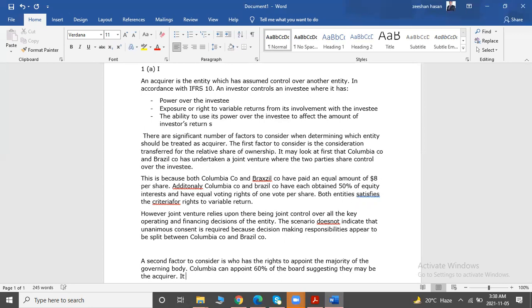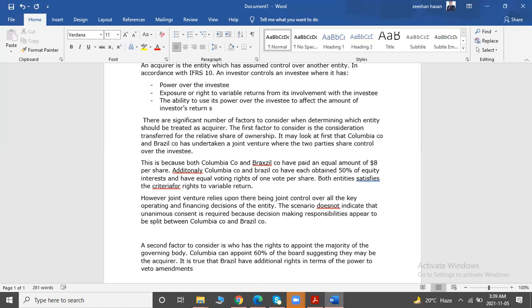But it is true that Brazil Company has additional rights, in terms of the power to veto amendments to the articles of incorporation and the appointment of auditors.